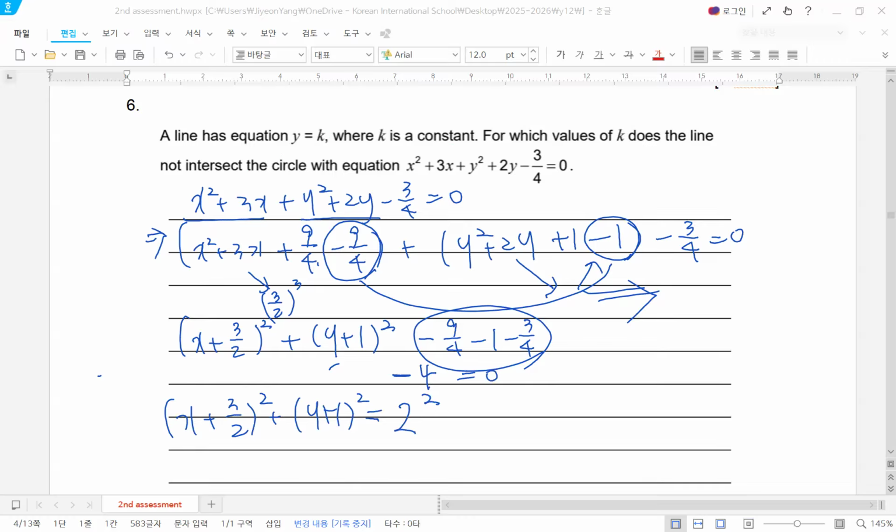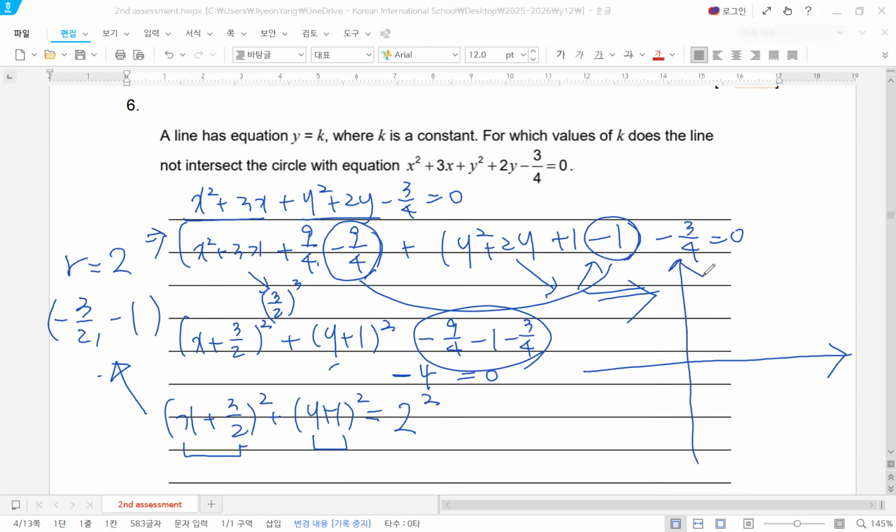Students, please tell me what is the center coordinate of this circle? Negative 3 over 2 makes this bracket 0, understand? And then negative 1 makes the second bracket 0, with radius 2, okay? Then you can draw a circle graph with negative 3 over 2 and negative 1 as the center and radius 2.